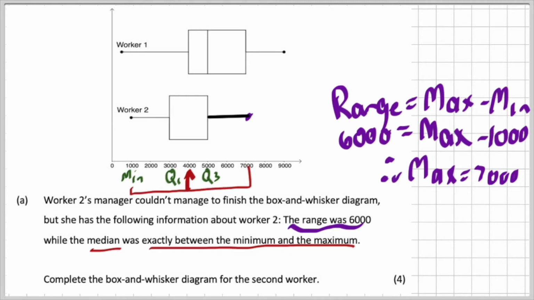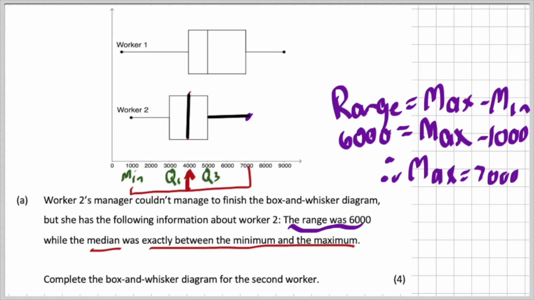Well, 4,000. Again, you can throw some mathematical formulas in there and say 1,000 plus 7,000 over 2, or you can just use that wonderful brain you've been given. Exactly between 1,000 and 7,000 is 4,000. So that is my median.